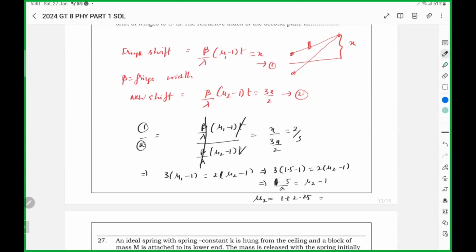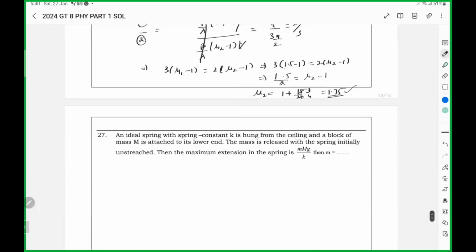Sorry, this is 1.5. So 1 plus 1.5, mu2 will be 1 plus 15 by 20. It is 1.75. That is refractive index of light.